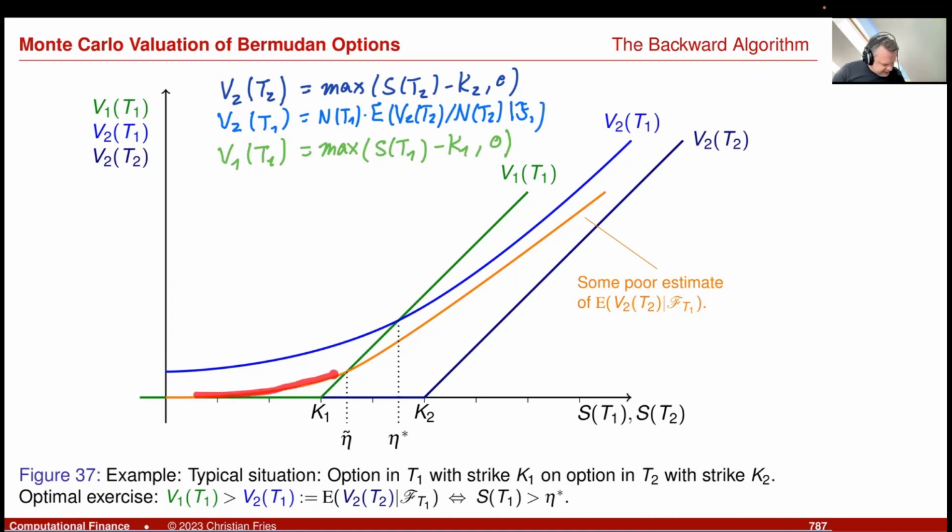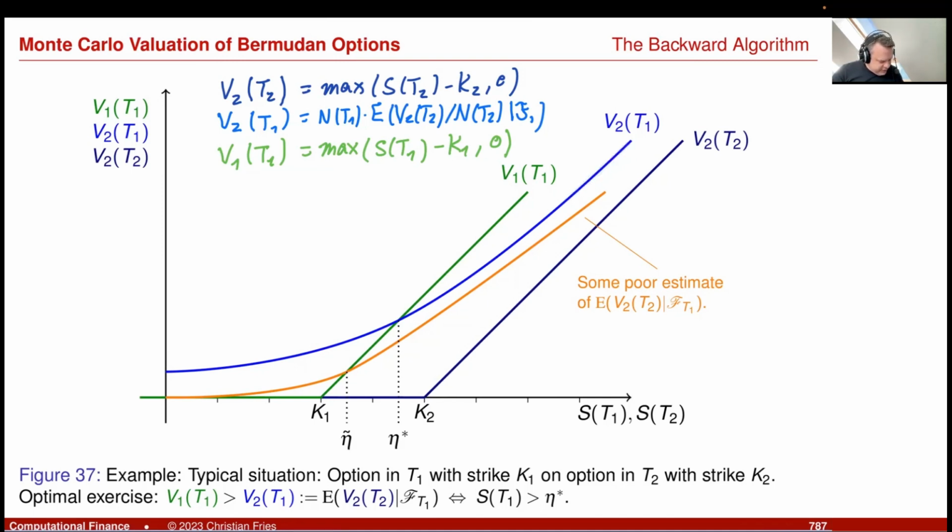It's higher than the green line, so you believe that you get a larger value if you continue. And here, this is your conditional expectation. It's smaller than the green line, so you believe you get a higher value if you exercise. So this is the exercise point that you have when you take the orange line, the estimate for the conditional expectation. The correct value would be the blue line, so this guy here.